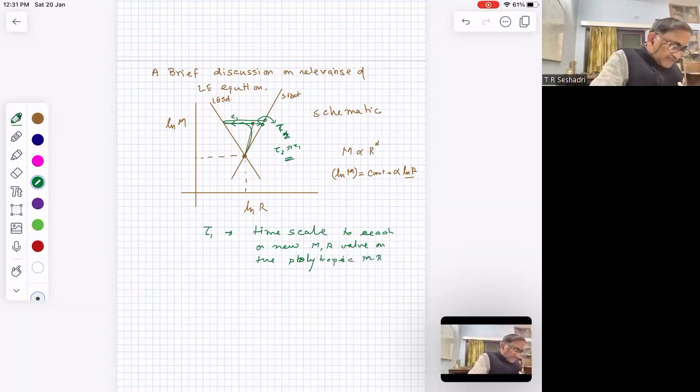So from here, it will go to this one. The polytrope is the same. So for the same polytrope n, since the mass is different, it goes to a different radius. So if it is along the polytrope, it will just go here, ultimately. Is it okay?